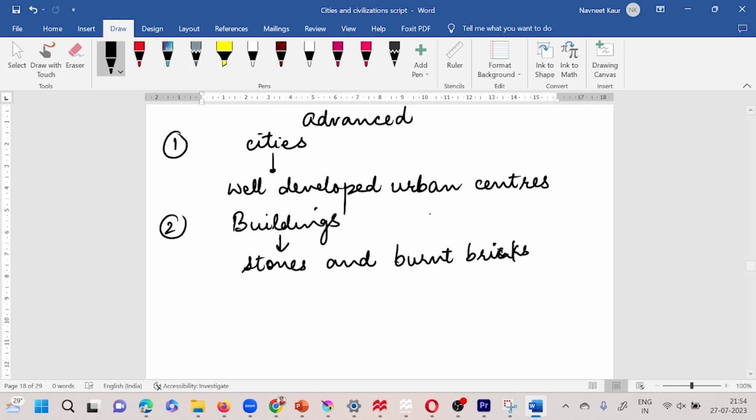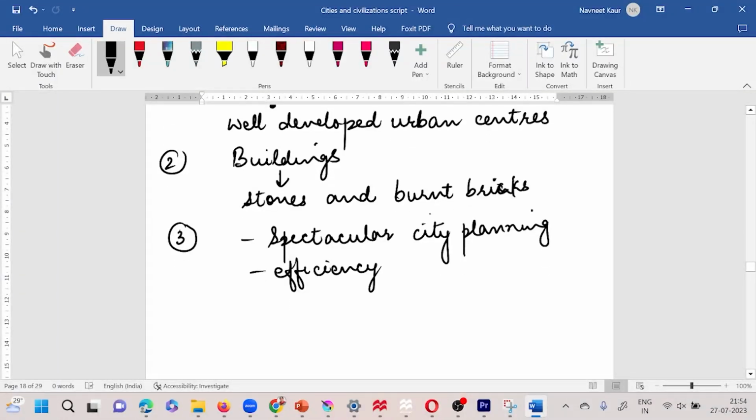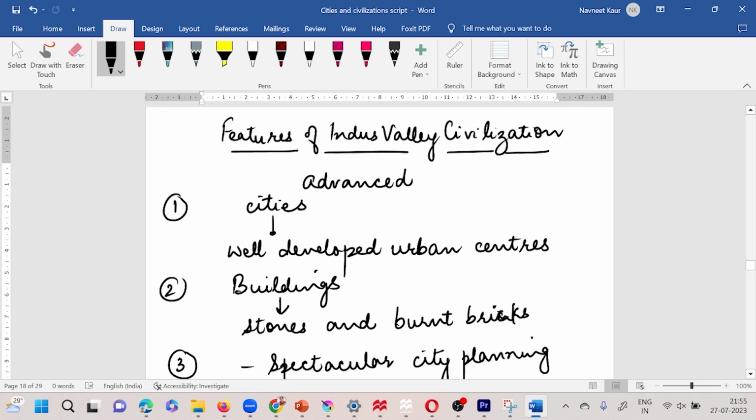Number three, this civilization is known for its spectacular city planning and efficiency. So, due to these reasons, the Indus Valley civilization was known as a very advanced civilization.